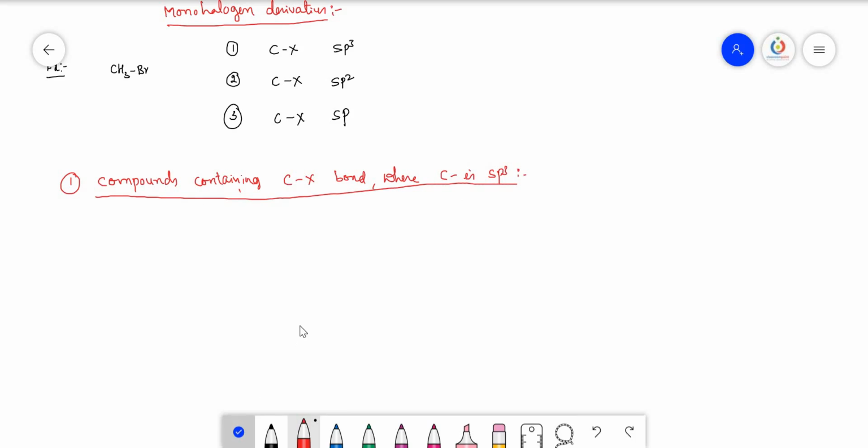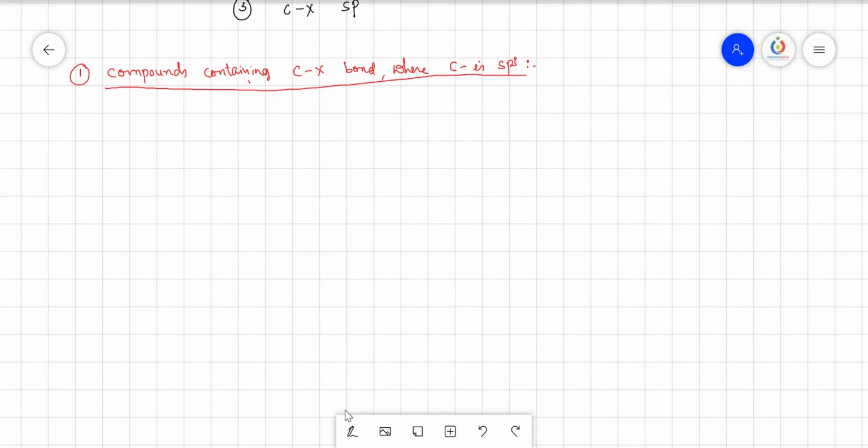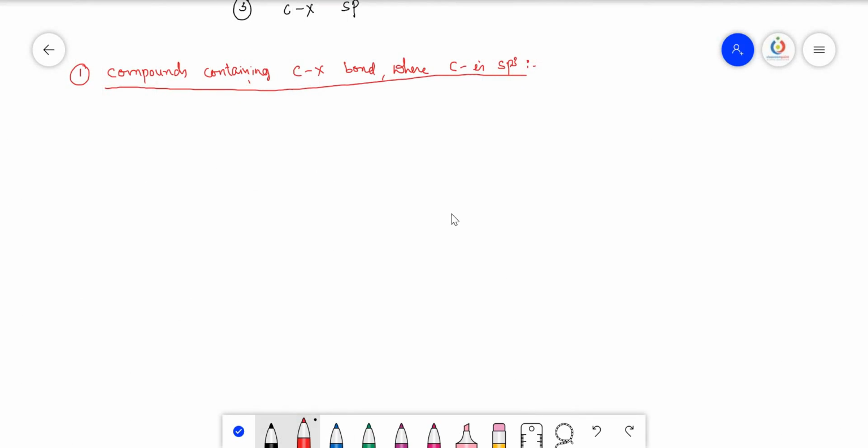In all these compounds the carbon atom is completely sp3 hybridized. These are again of three categories: primary halogen compounds, secondary halogen compounds and tertiary halogen compounds. In primary halogen compounds, the halogen atom is bonded to the primary carbon. For example, ethyl bromide, where the bromine is bonded to the primary carbon atom.